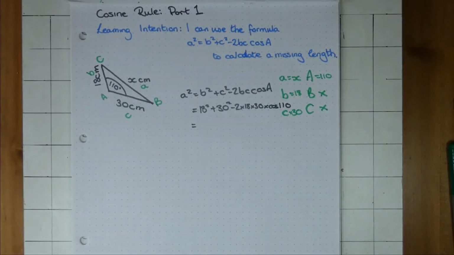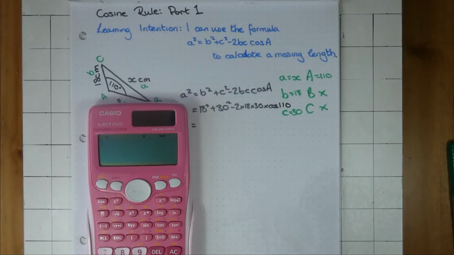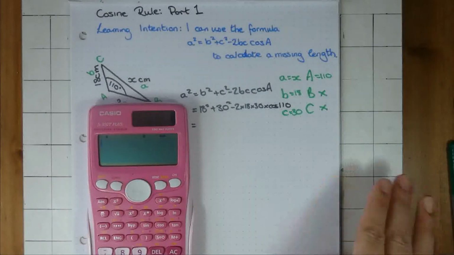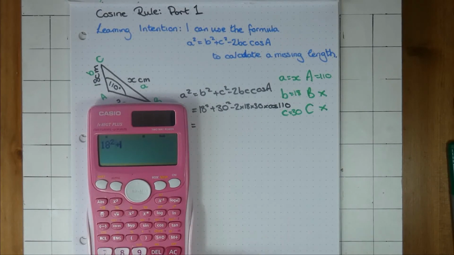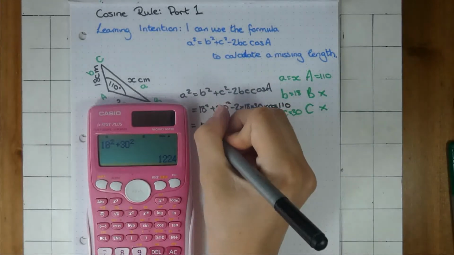Type it into a calculator, you have choices. In order to reduce your chance of error, unless you've got a Casio where it's really easy to see the entire equation, I've always been a fan of doing it in two halves.